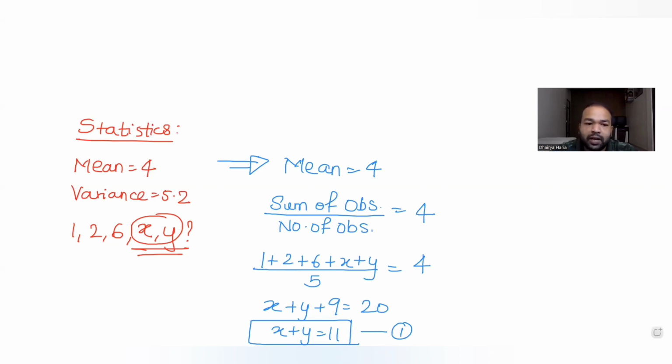Now let's understand the variance. We have been given that variance is equal to 5.2. About the concept of variance, we have already discussed it in the previous video, where I made a detailed explanation of standard deviation and variance, so you can see that video also.